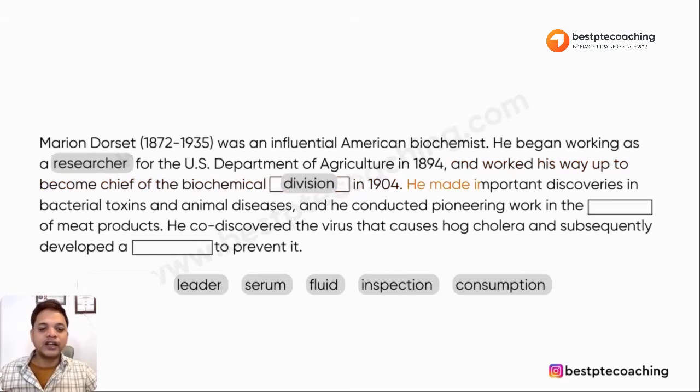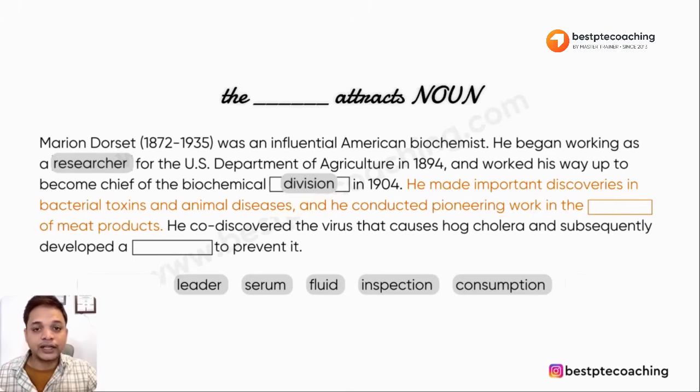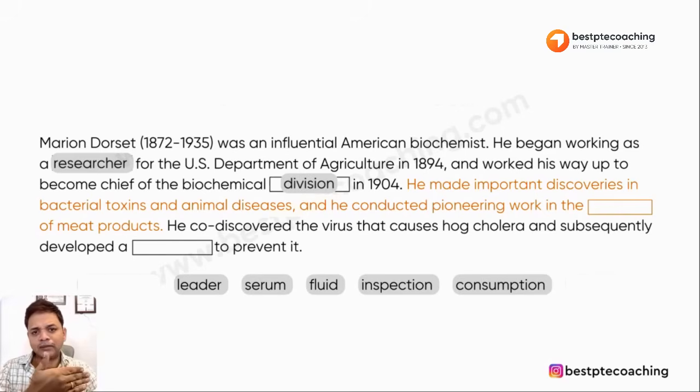And then he made important discoveries in bacterial toxins and animal diseases. And he conducted pioneering work in the blank of meat products. So here all are nouns, but generally when you have the, it attracts either a plural noun or a singular noun. A and blank means a consonant noun; an and blank means a vowel word will come, right?